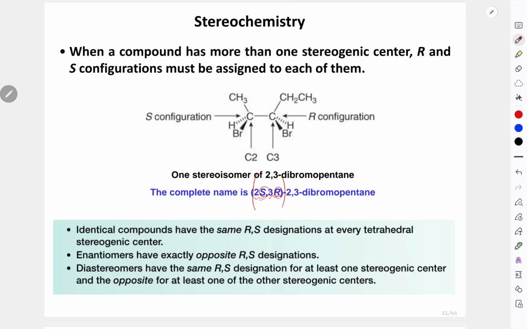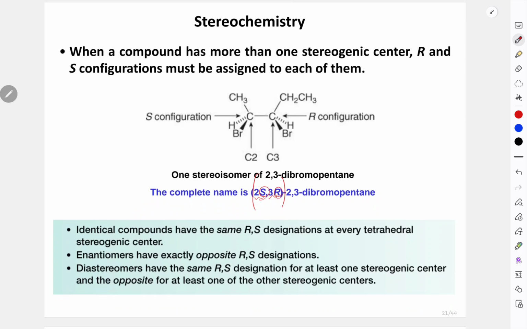In this case, you are sharing at least one absolute configuration, and only one position is different. In this case, you can expect 2S3R and 2S3S are going to be in a diastereomer relationship. So that's what the last sentence means.